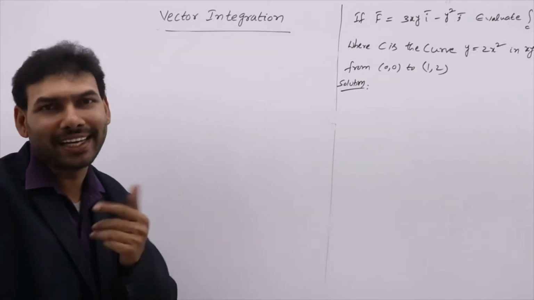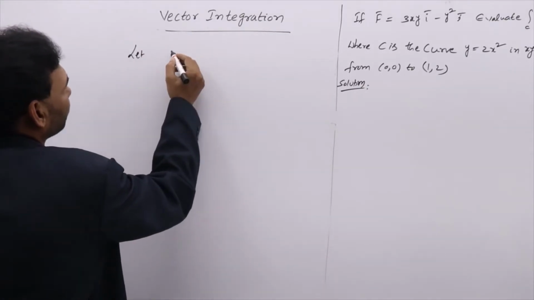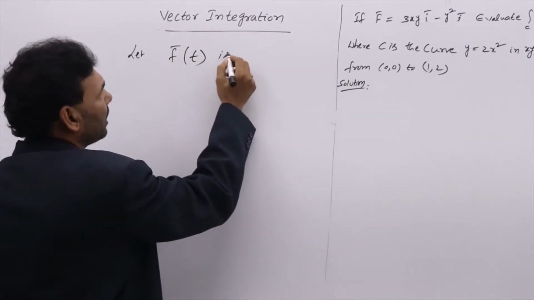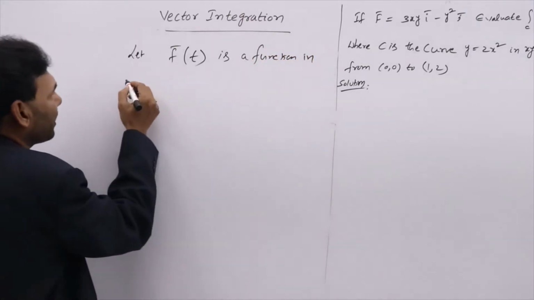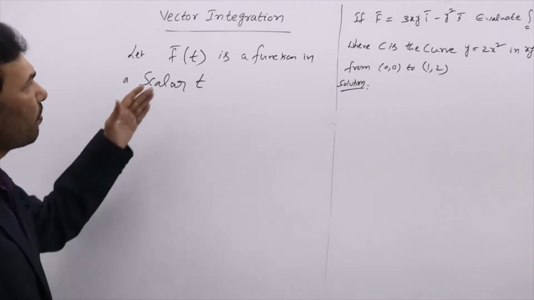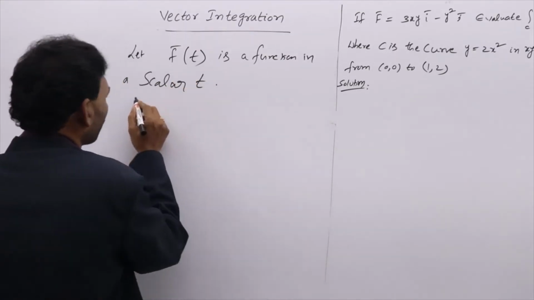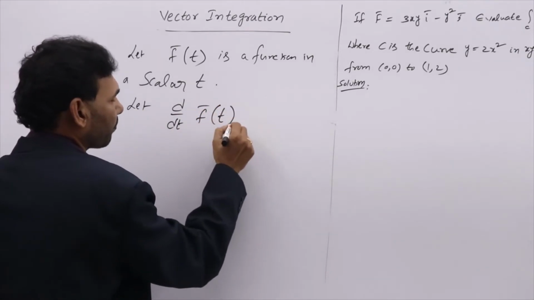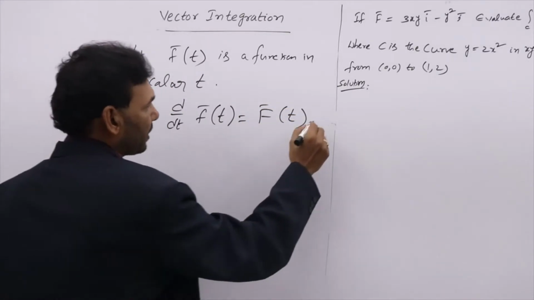Integration is antiderivative. For example, let f bar of t be a function in a scalar t. Then, if we assume the derivative of f bar of t is capital F bar of t, then what happens?